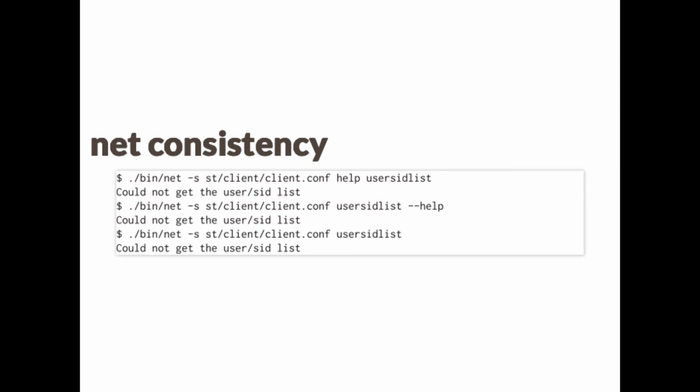And that's the message you get from the top level help, one of the top level helps, there's 3 of them or whatever. And then this one, user SID list. If you ask for help about user SID list, even though you're asking for help, --help or help, it just says could not get the list.